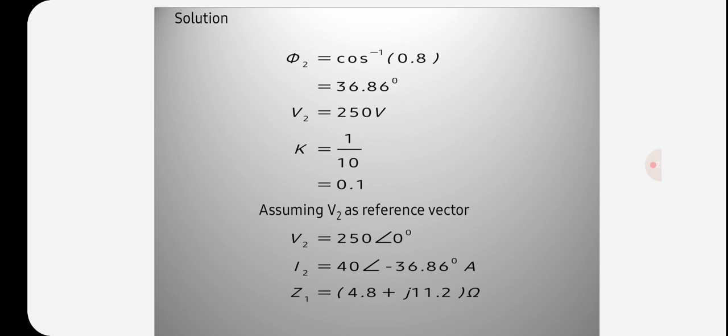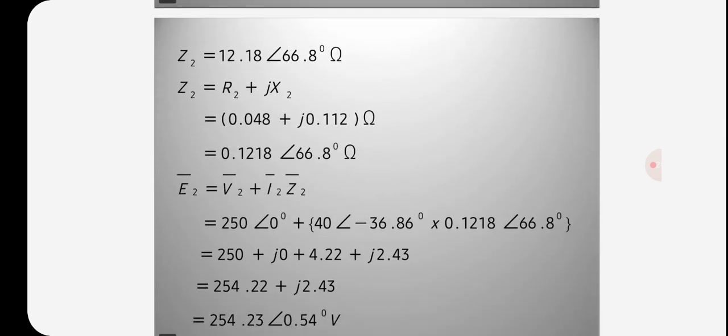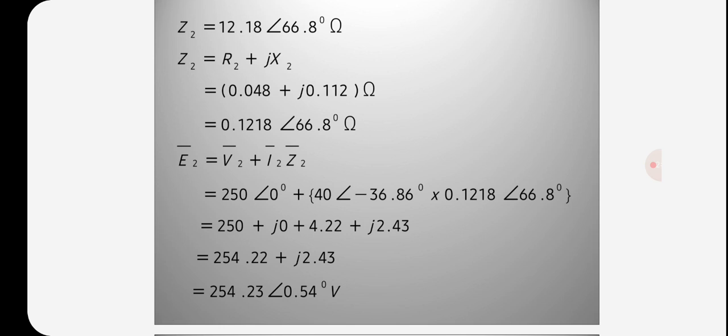Assuming V2 as a reference vector, V2 is equal to 250 angle of 0 degrees, I2 is equal to 40 angle of minus 36.86 degrees, and Z1 is equal to 4.8 plus j of 11.2 ohms.